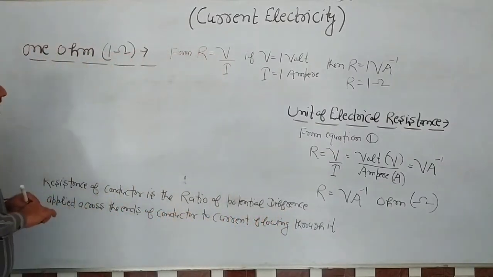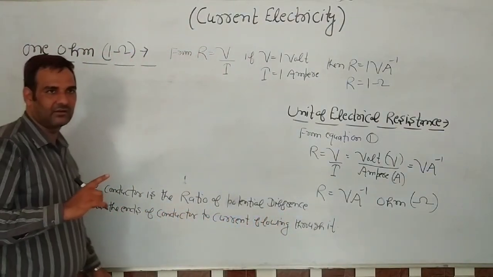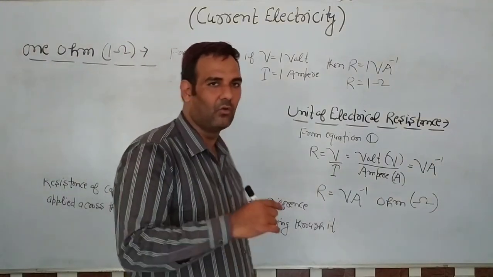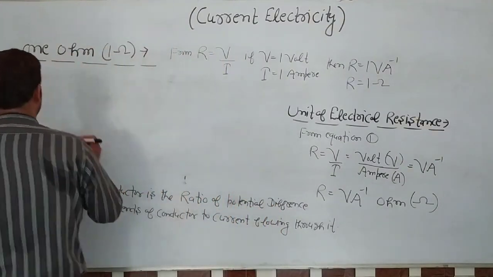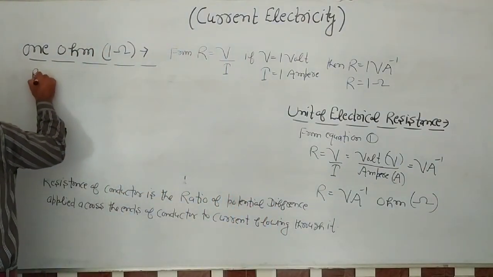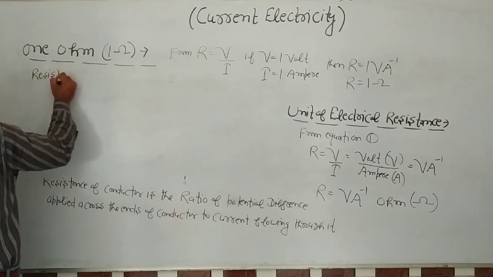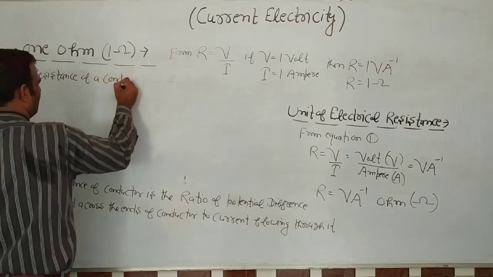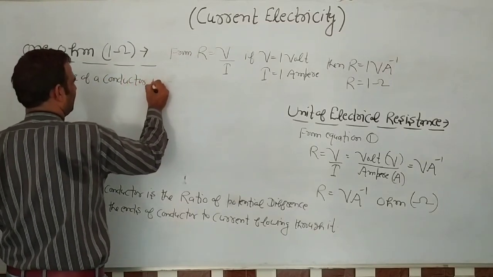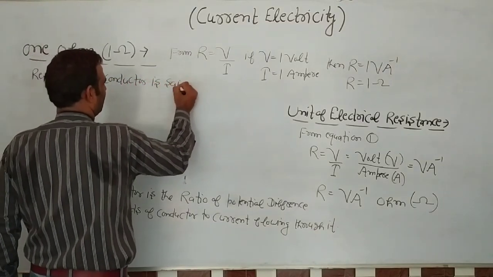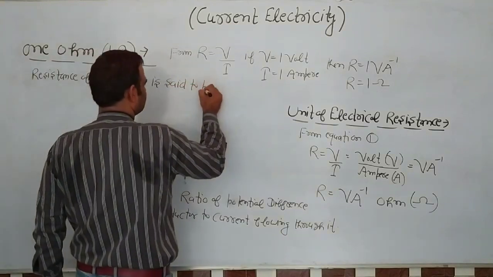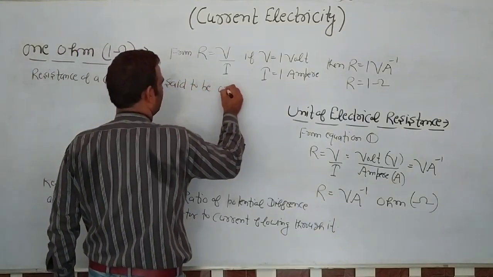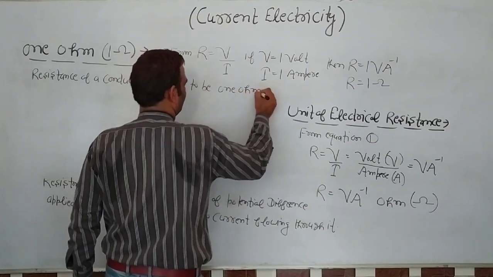So how will we define it? Resistance of a conductor is said to be 1 ohm.